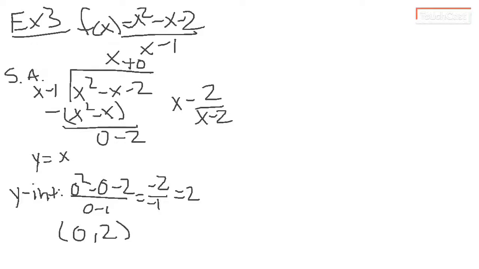Let's also find our x-intercept. Right now we're just gathering all of our important information. So we need to know for what values of x would make the numerator 0. So we can solve x squared minus x minus 2 equals 0 for x.